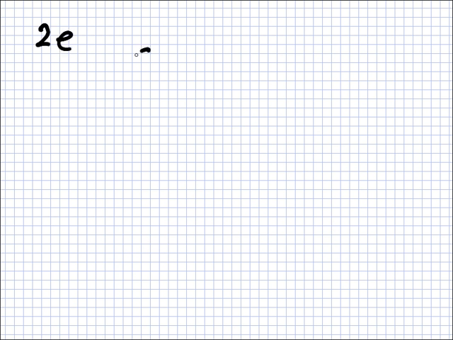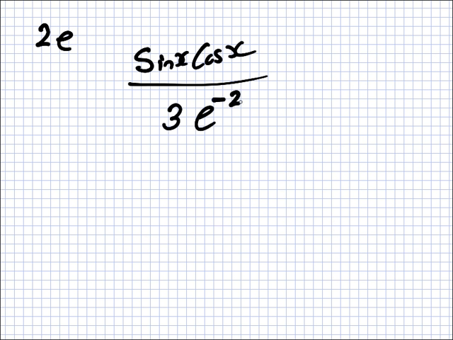2e sine x cos x over 3 e power minus 2x. That's a bit more convenient for me to write it like that.